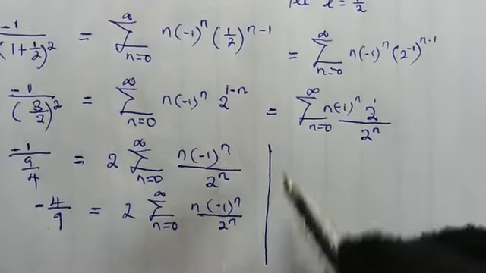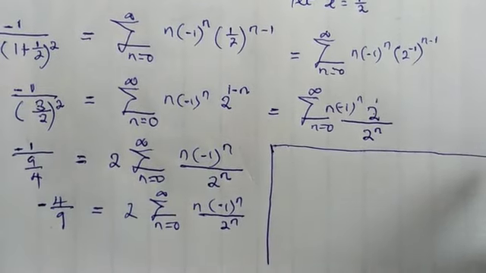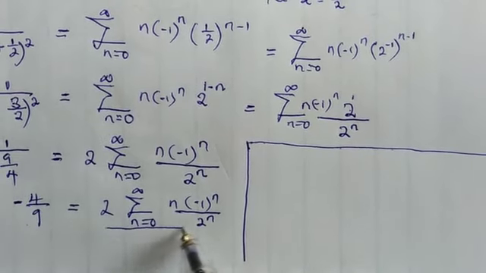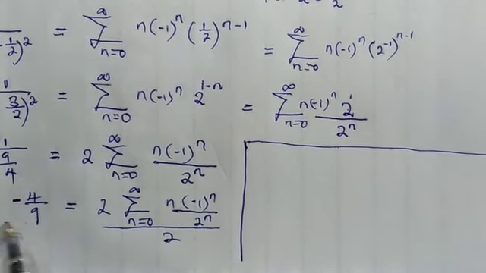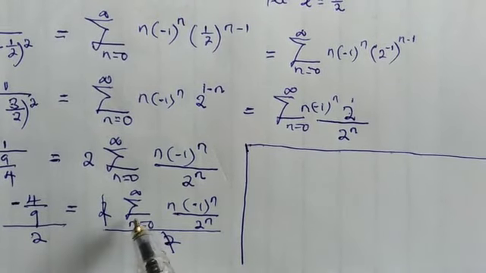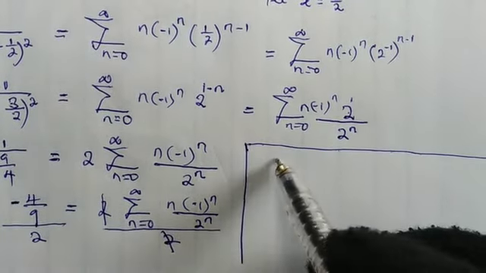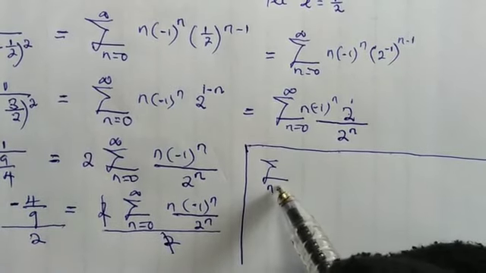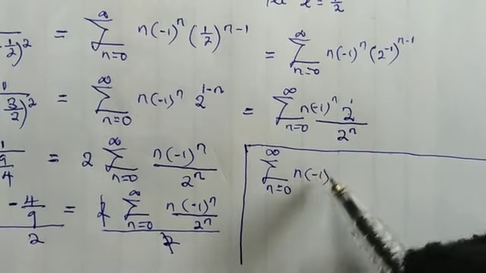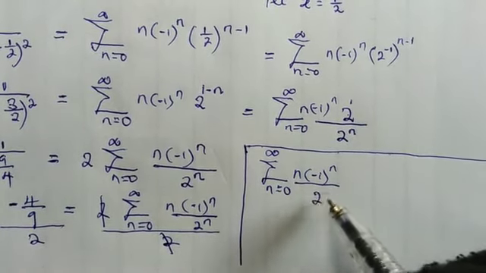If we divide both sides by 2, these 2s cancel, and we are left with the sum which we're asked to compute: the sum n goes from 0 to infinity of n times negative 1 raised to the power of n over 2 to the power of n.